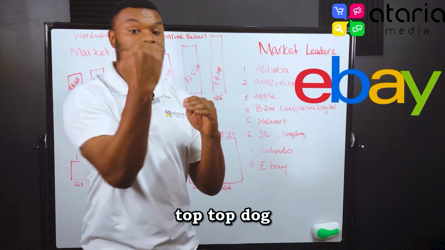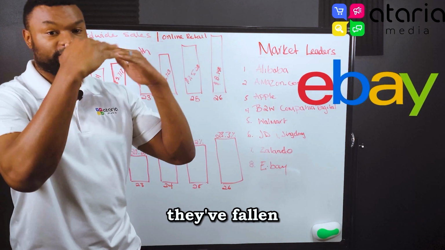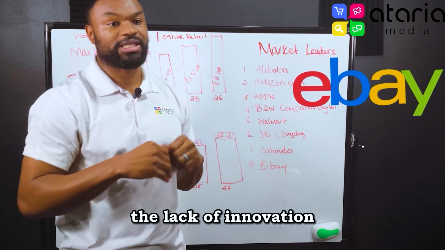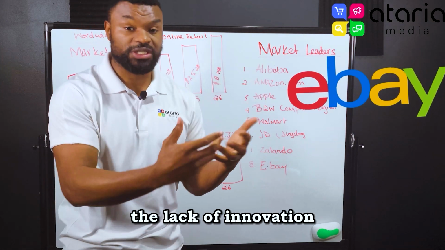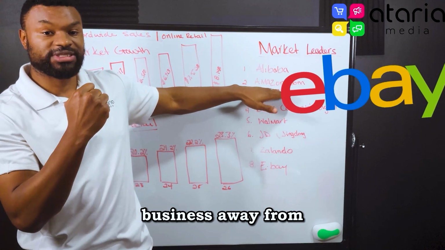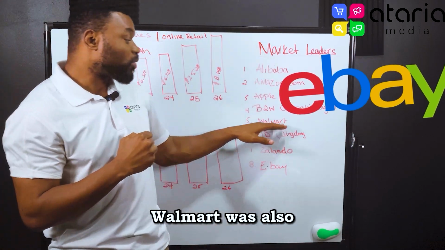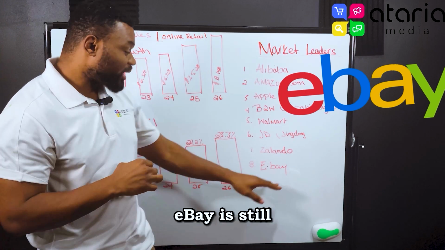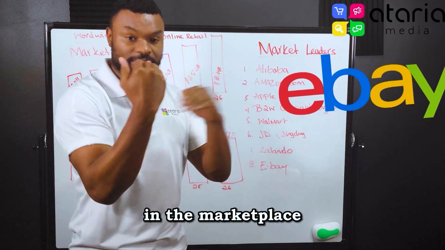They used to be the top dog. Over the years, they've fallen because of the lack of investment and the lack of innovation. Amazon has taken a lot of that business away from eBay, and Walmart is also stepping in, taking business away from eBay as well. But eBay is still trying to compete in the marketplace, right?